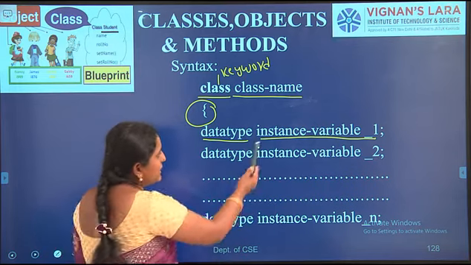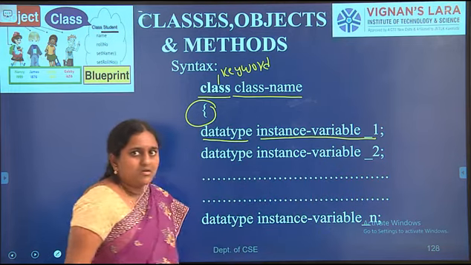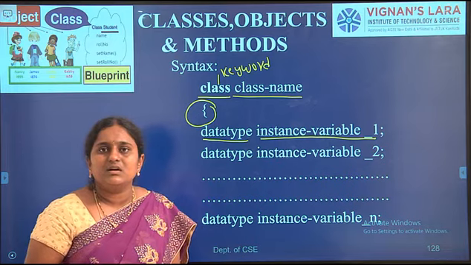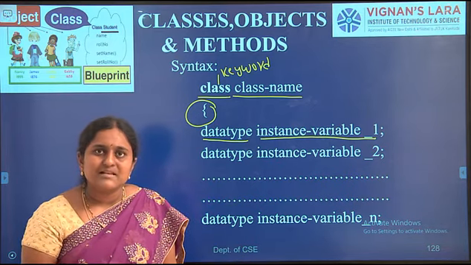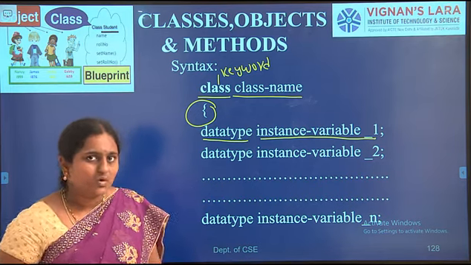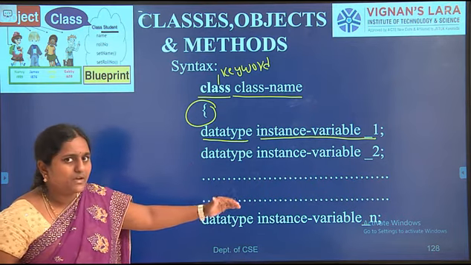So data type instance variable 1, data type instance variable 2 and so on, up to data type instance variable n. Declaring the variables is based on our programming requirement.